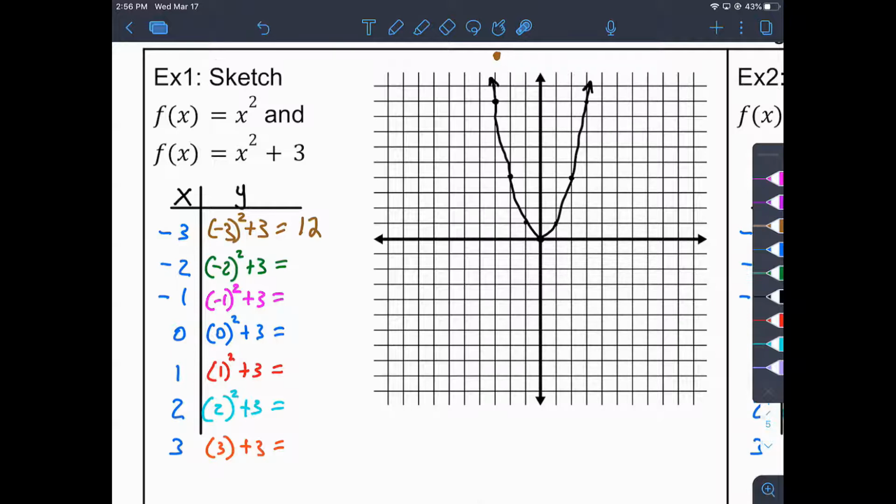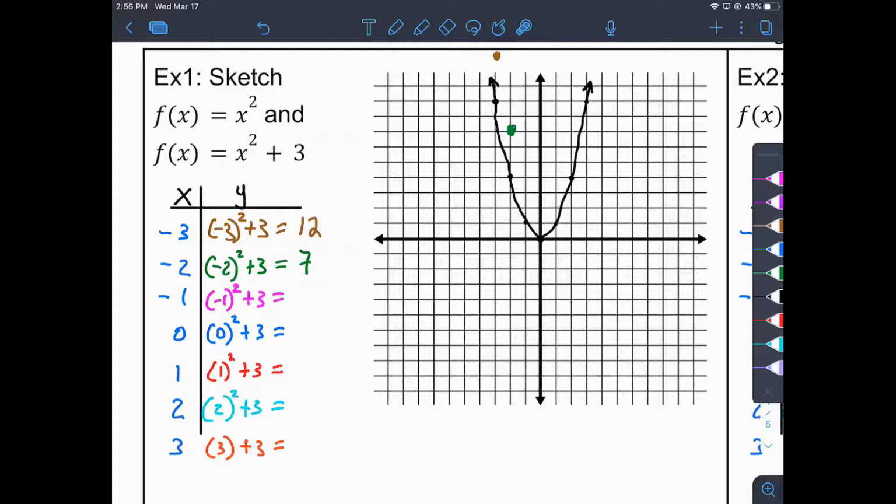Next one, we're going to plug in negative 2 for the x, then square it, and then add 3. So negative 2 squared is 4, and when we add 3 to it, it gives us 7. So we go back 1, 2, but up to 7. That's 4, 5, 6, 7. It puts us right there.